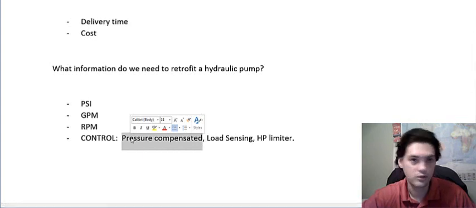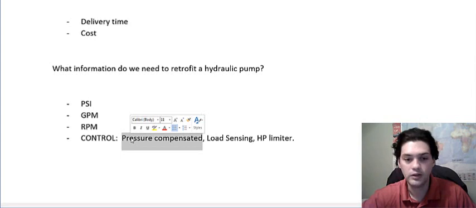Depending on the system, if you keep pumping flow at a high pressure, and the pump is not required to do any work at that pressure, it's not moving a cylinder, it's not turning a motor, the pump still would deliver flow. And it would go to a relief valve, and you're dumping high flow through a relief valve for a certain amount of time, and during that time the pump is wasting horsepower.